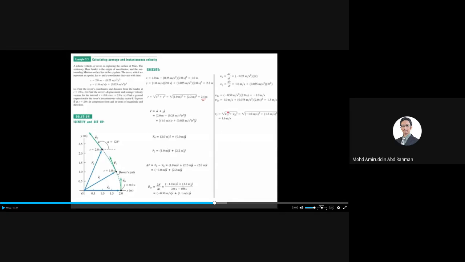And then to obtain the direction in terms of the vector, the direction will be minus 52 degrees. Because you need to find out, when you draw the vector, let's say you have the Vx, Vx is on the negative side because it's -1, and then Vy will be positive.